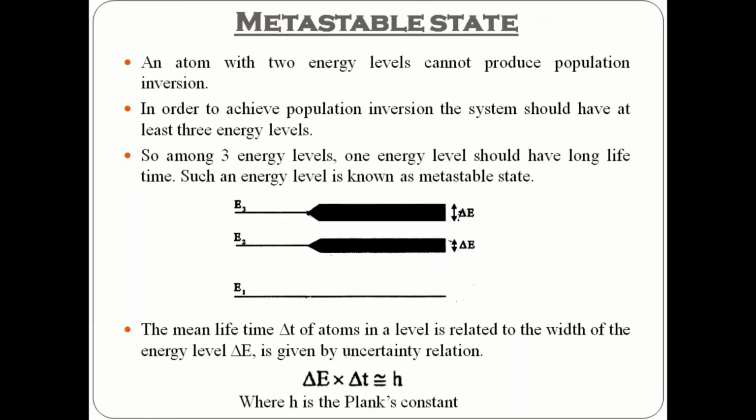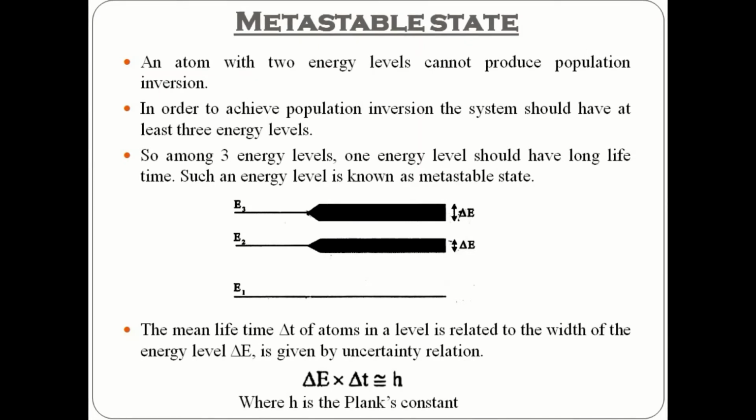In order to achieve population inversion, the system should have at least three energy levels. Generally we have the ground state and excited energy levels, but for lasing action to take place we need three energy levels, with one energy state having a longer lifetime.